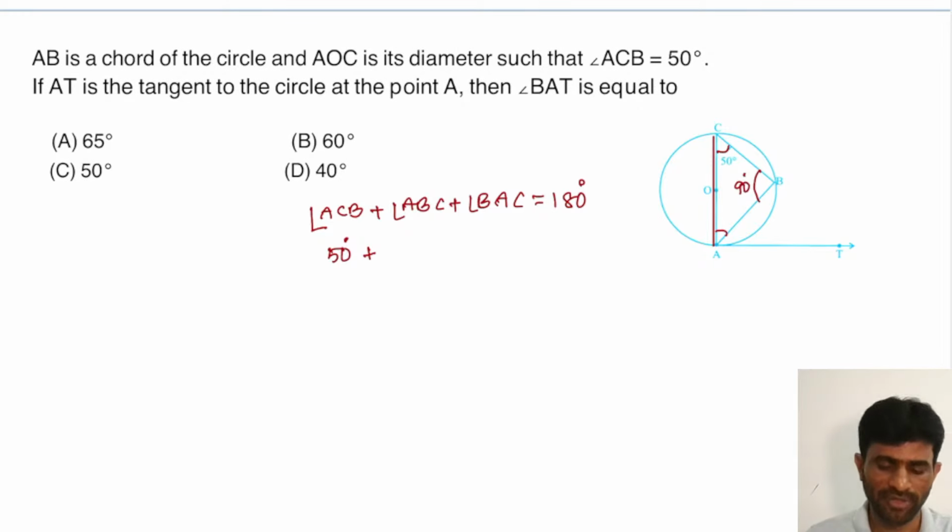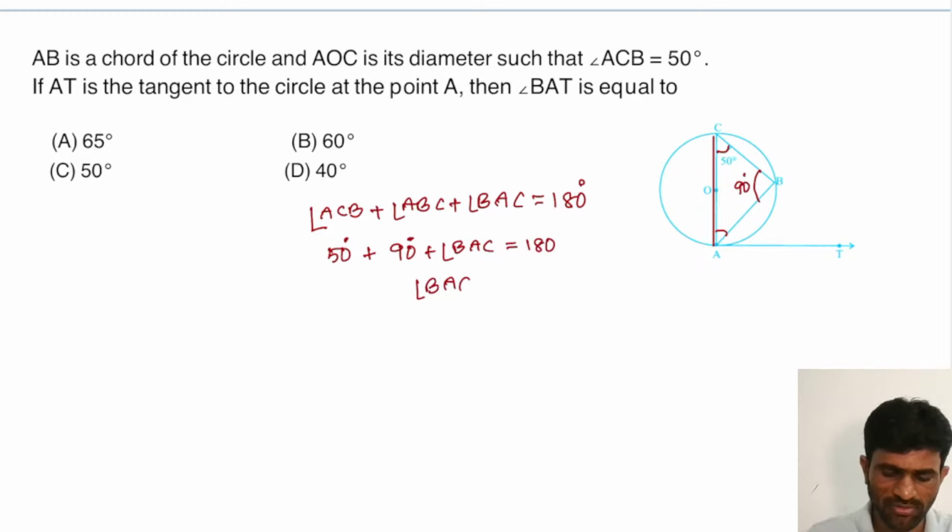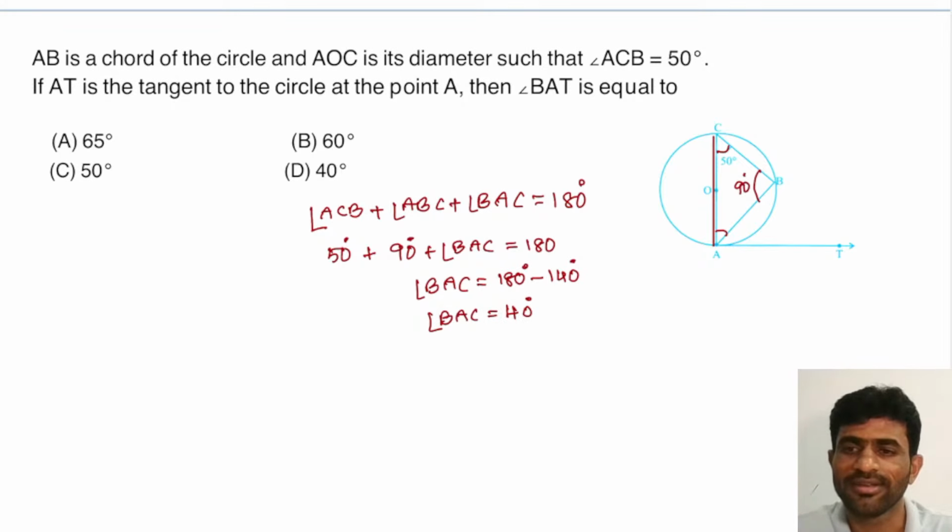And angle ABC we know is 90 degrees because of the angle in a semicircle. And what is angle BAC? Angle BAC is equal to 180 minus 140 degrees. So angle BAC is 40 degrees. So Taha, your answer is wrong. Angle BAC is 40 degrees.